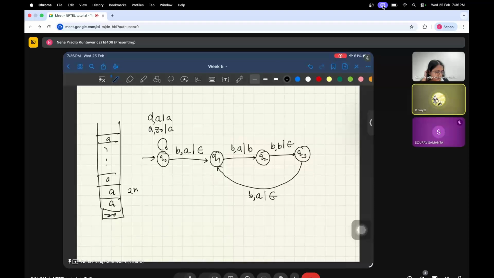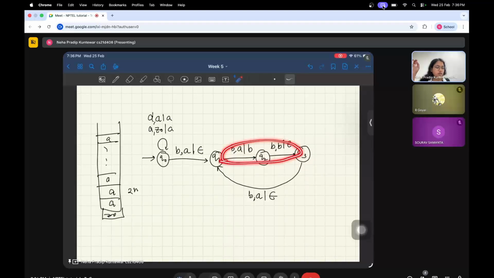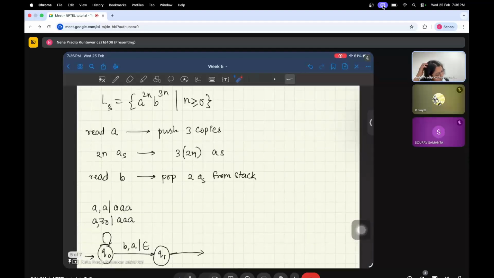And now, in this loop, what would happen? This loop is not enough because here you are not making any change, and here you are popping. Whereas what you want is to pop twice and do nothing once.